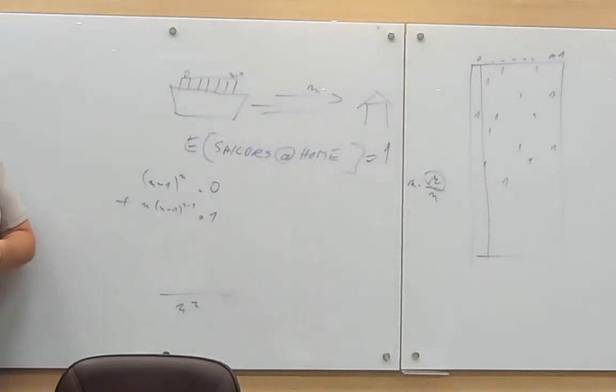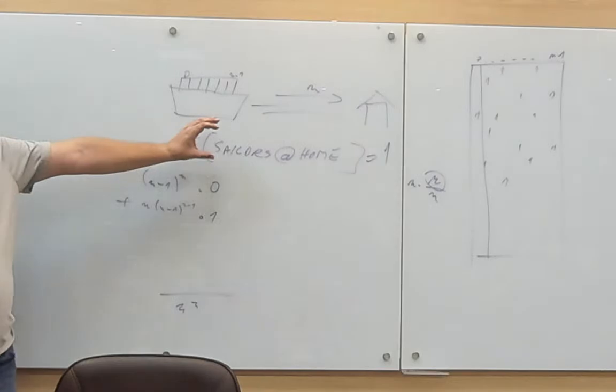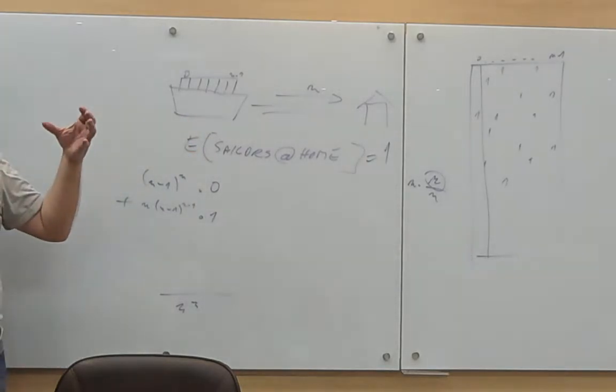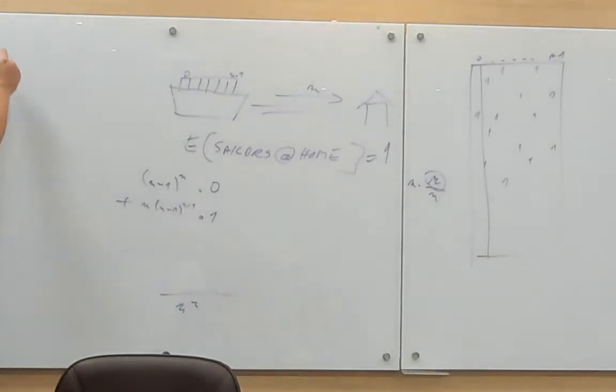The slightly more mathematical version of doing this is that we can view the quantity as a sum of n random variables. For each sailor, we have a random variable, xi, that is either 1 or 0. 1 means that sailor number i chose their own cabin. 0 means that the sailor chose somebody else's cabin.